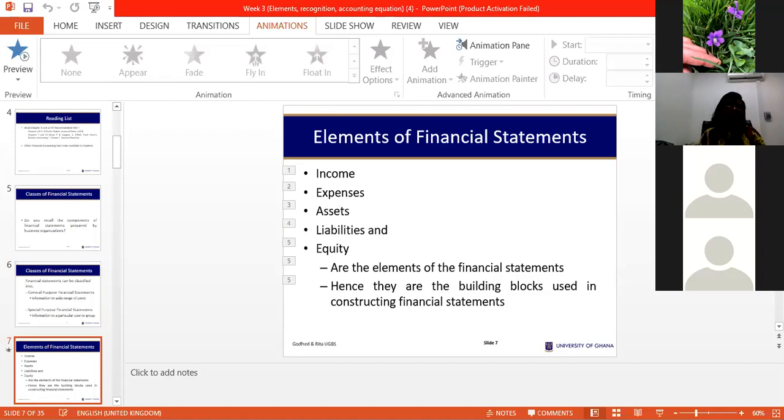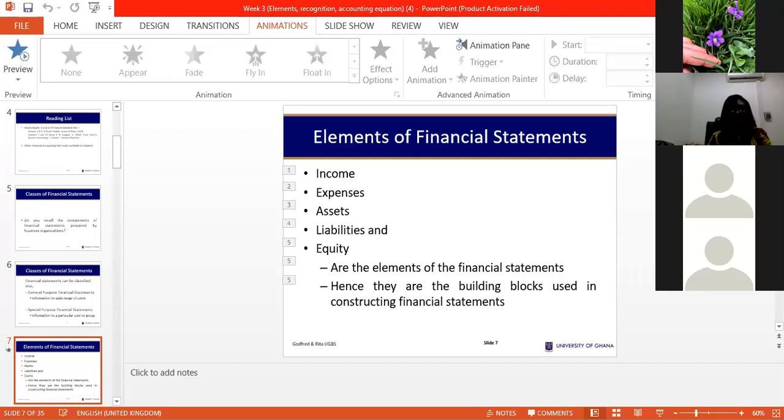Now, there are other elements that are not shown here, but these are the basic ones that you would find that applies to all the financial statement reports. Okay, these are the basic ones, or what we call the building blocks. Indeed, you would find these in two of the statements and not the others.